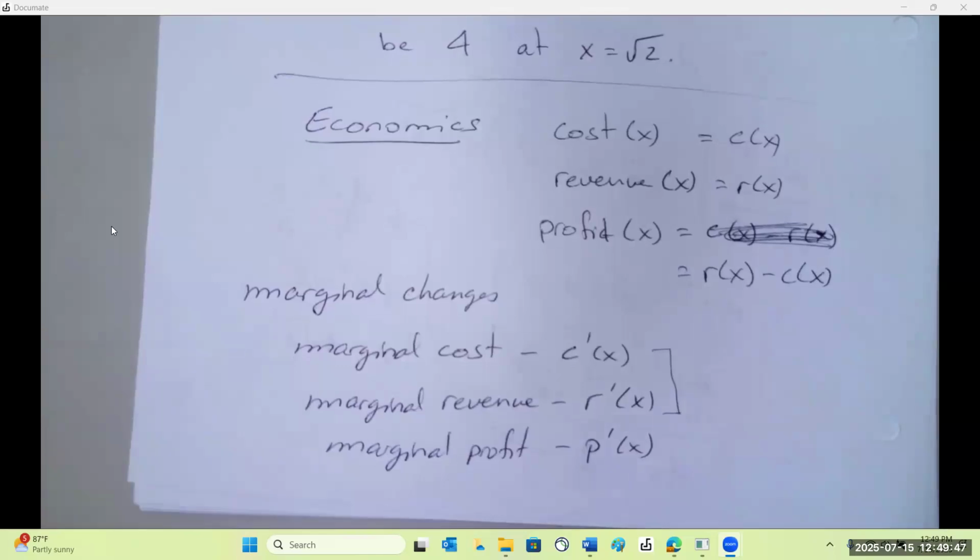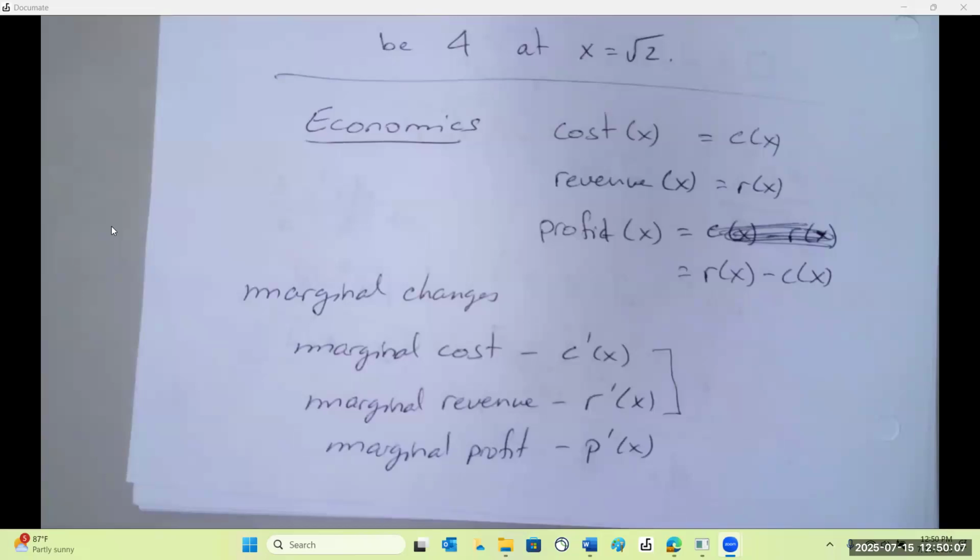Because remember, the cost and revenue are differentiable functions because they're functions of x. They have to be continuous. You can't have cost that skips, and revenue is the same thing. It has to be continuous, so it's differentiable.